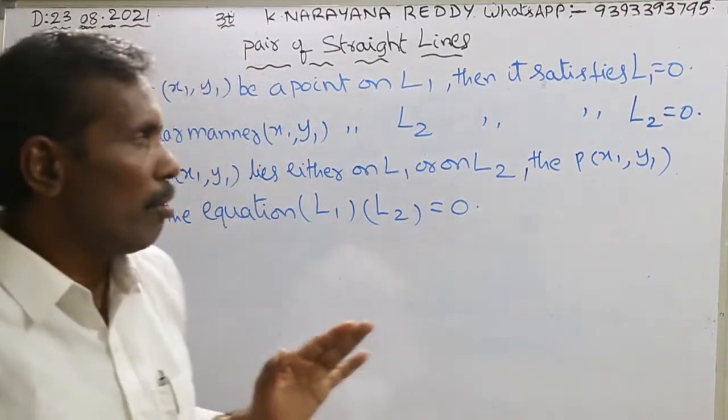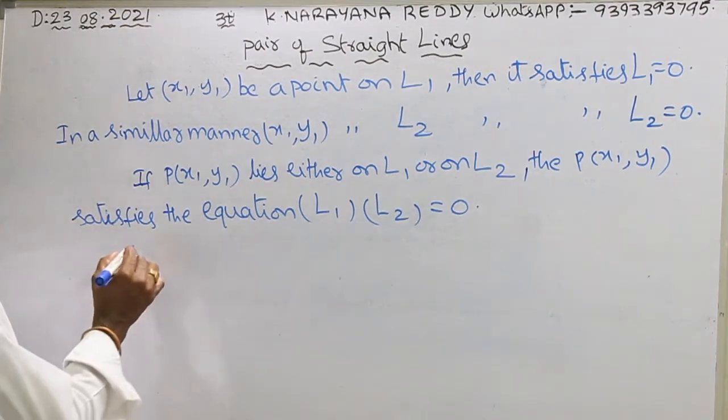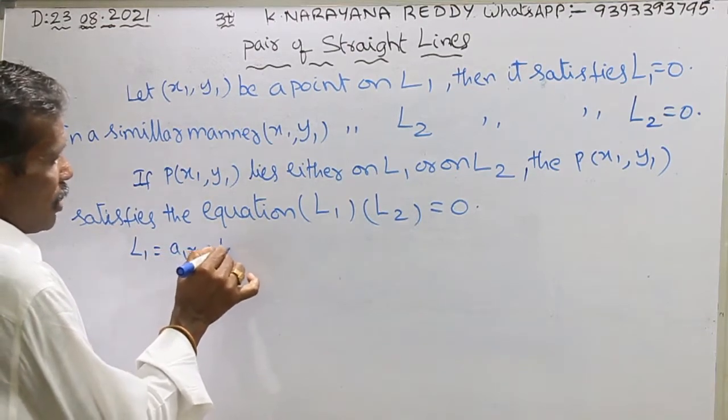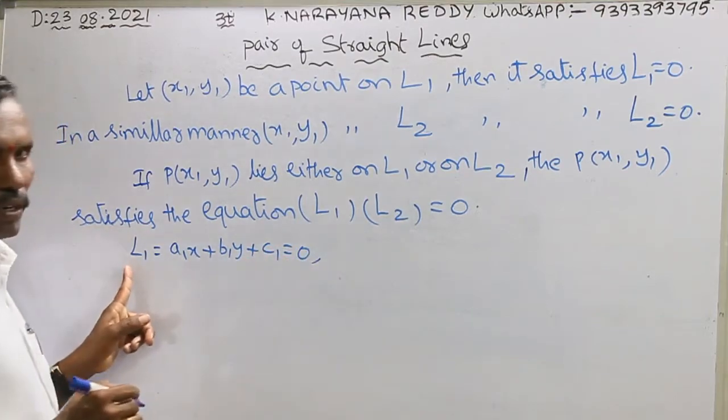Okay, simple. Take some line L1: A1x plus B1y plus C1 equals 0. This is L1.